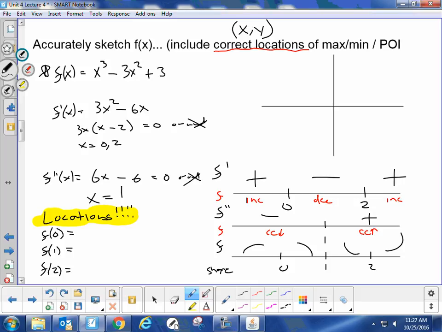After we've examined f prime and f double prime to give me my shape of f, go a step further and find the locations of these interesting points, these maxes, mins, and points of inflection. Plug your x values into your original function to find out where this is occurring. So I plug in 0, I get 3, giving me the point (0, 3) that I can plot.